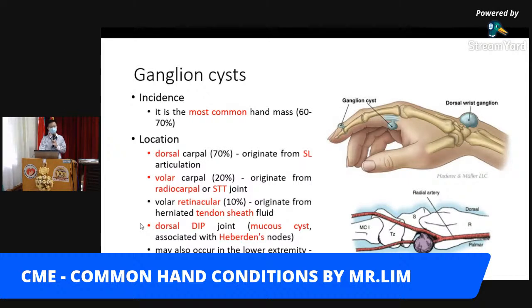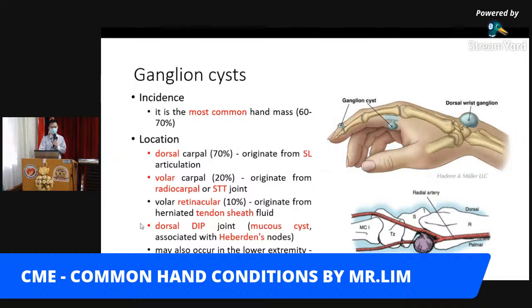They are from specifically the SL joint, the scapholunate joint, from the carpal bones. 20% of them are from the volar carpal. They are from different joints, the STT joint, the radiocarpal joint. This is shown in the lower picture. This is a volar type, which is very near to the artery, as you can see.